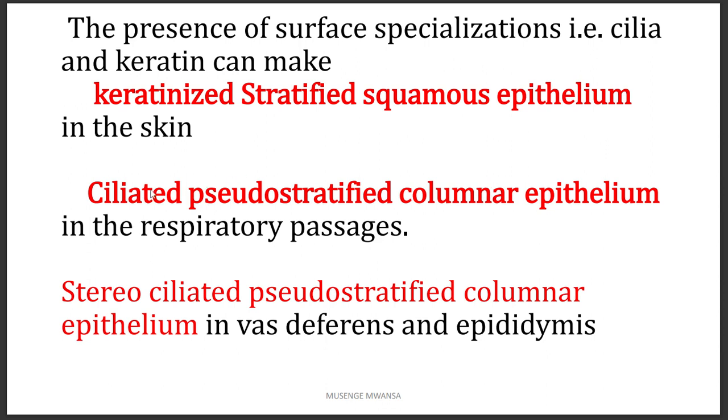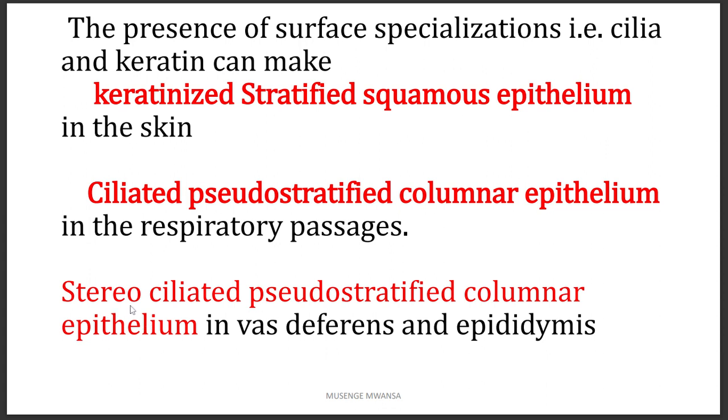So this one with the cilia is going to be seen in the respiratory passage, because we have to push things out through the nose. So when cilia pushes, let's say, mucus combined with dust, it will push it up, and you are going to decide either to spit or to take it in again and swallow it, so that you are able to remove it by other mechanisms.